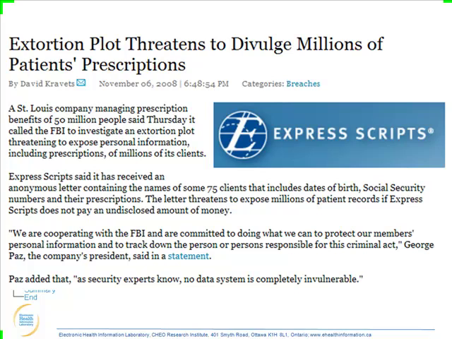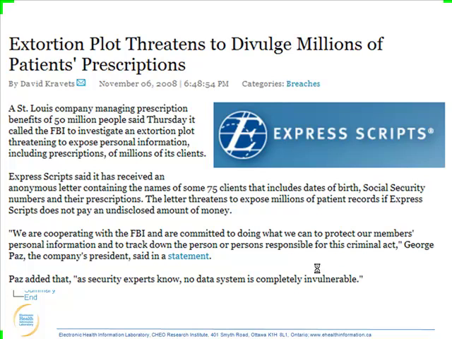So it's essentially extortion. They got a letter saying, we have all your data, give us X million dollars, or we will expose this. And here, just to show you that we're serious, here's the name of 75 clients, which includes their date of birth, social security numbers, and the prescriptions that we got from your database.